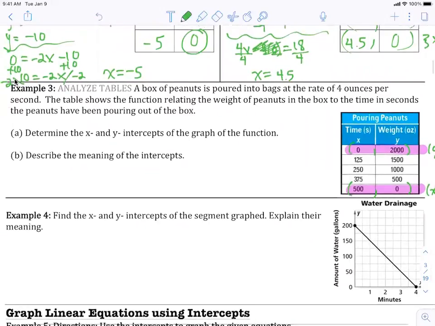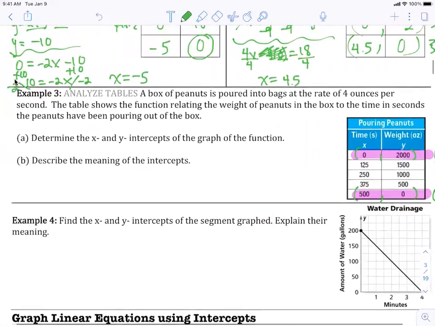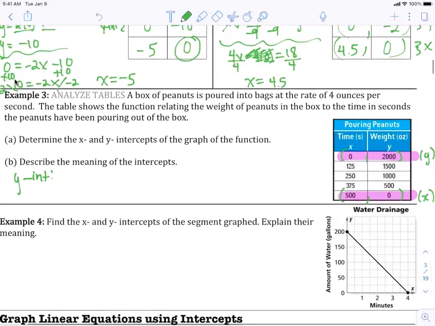Part B, though, because it's a word problem, that just means that we attach meaning to my x and my y. And let's actually think about what those are. So let's look at the y-intercept for fun. My y-intercept is at (0, 2,000), right? So in those problems, let's look and see, well, what does x represent and what does y represent?